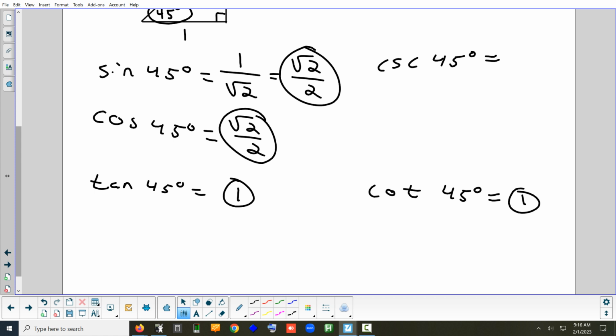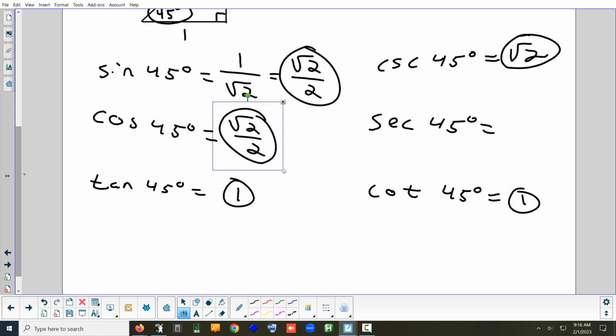Square root of 2. And how about the secant? Aiden, what's my secant going to be? That's also going to be square root of 2 because the sine and cosine are the same. So cosecant and secant are the same. And there are the 6 trig functions for 45 degrees.